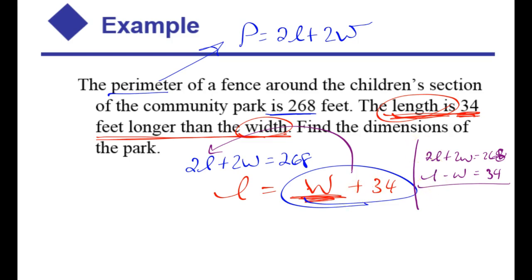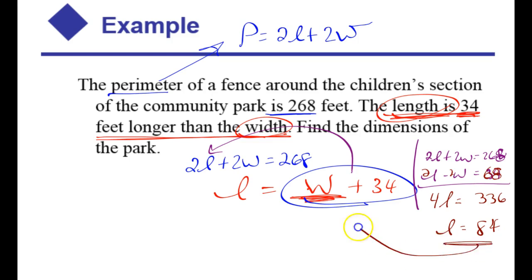But if I multiply everything through by 2, I'll get twice the length, twice the width, and this 34 goes to 68, doubling everything. So this is 4 times the length is equal to 336. And if I divide through by 4, I'll get the length is 84. Once you determine that the length is 84, I can plug that right back in here. Nope, that's wrong.